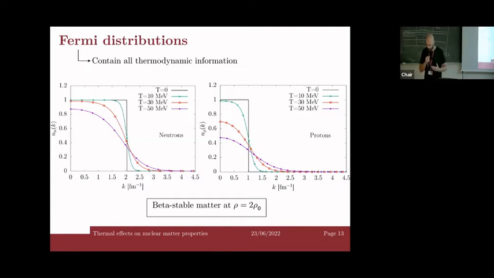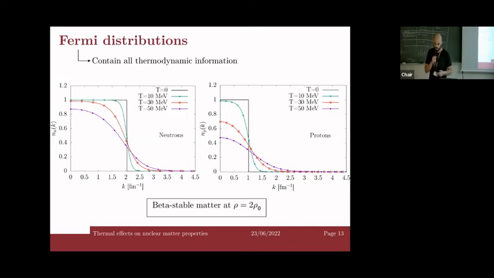If we are talking again about beta stable matter, the proton fraction is smaller than the neutron fraction, which means that neutrons are more degenerate than protons. So thermal effects in a more degenerate matter should play a less important role, right? And that's what is reflected in beta stable matter here. So for neutrons, we always expect that thermal effects would be less important than for protons.